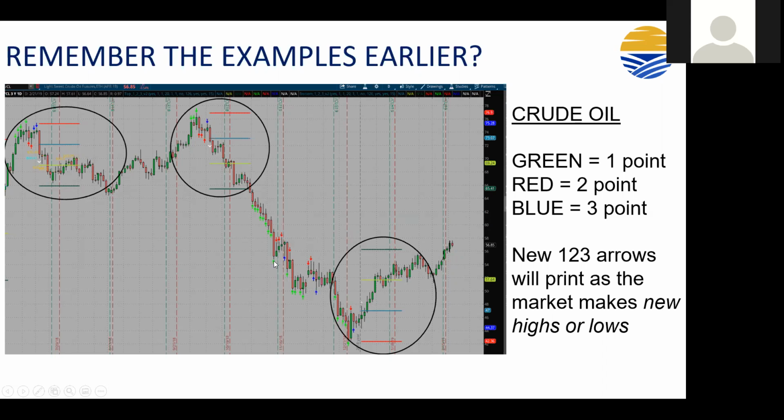This bar here takes out that number 1 low, so we start to count over. Here's a new 1, 2, 3. We never take out the number 2 high, hence no chevron, hence no lines. We start to count over. 1, 2, 3. There's that last 1, 2, 3 that we talked about. Market breaks above the number 2. We get our chevron, we get our arrows, TP1, TP2.